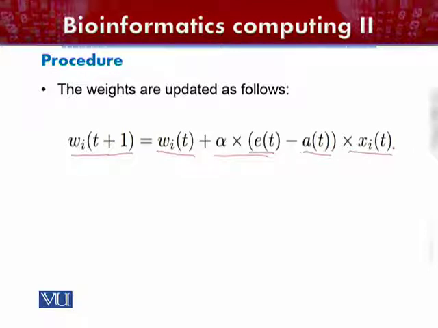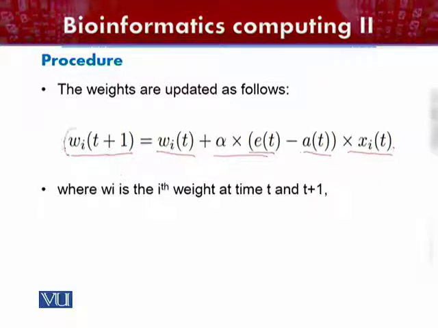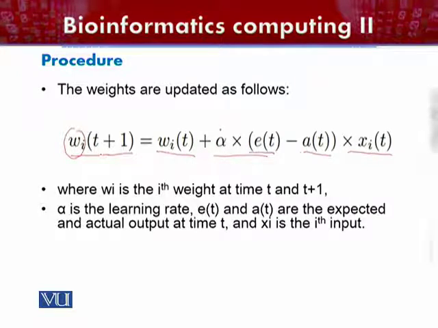Now, what do these abbreviations stand for in this weight update equation? w_i is the ith weight at time t and time t+1, where alpha is the learning rate. e(t) and a(t) are the expected and the actual output at time t, and x_i is the ith input.